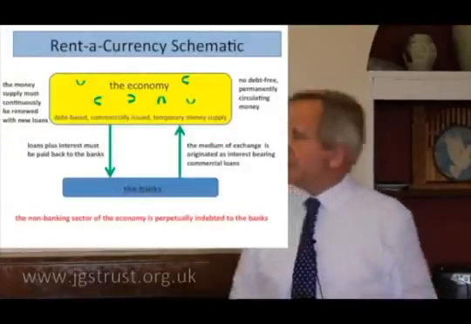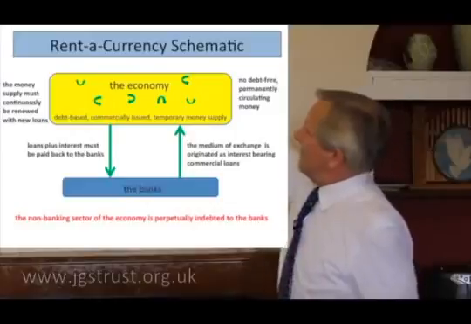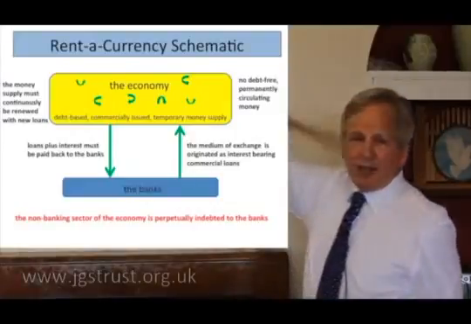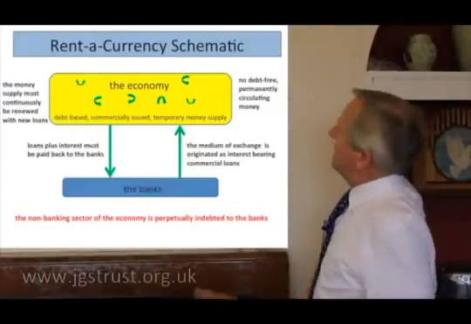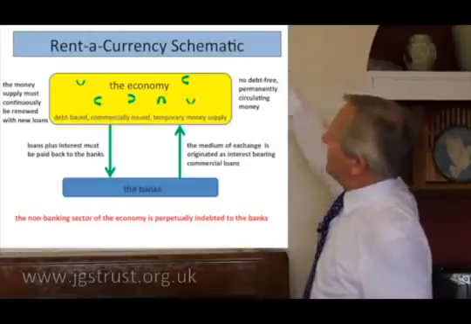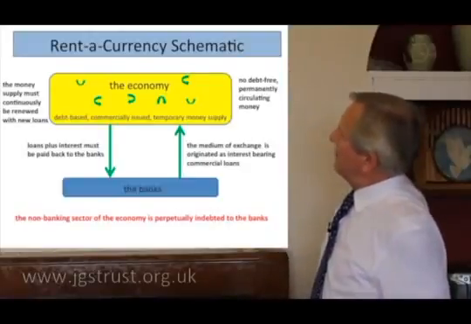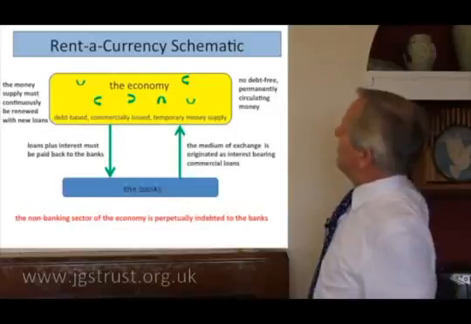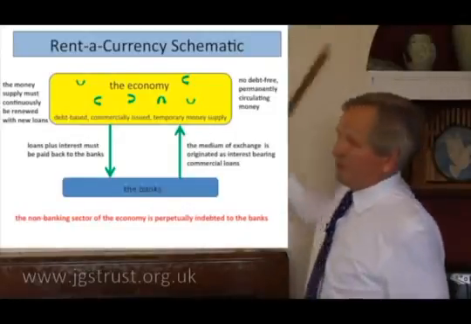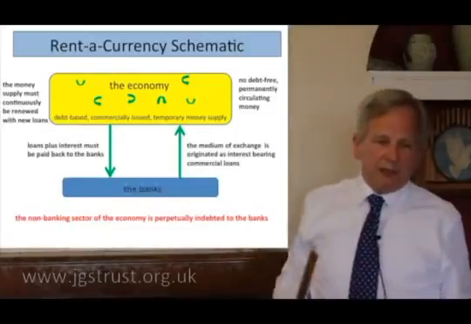So I like the phrase that we have a rent-a-currency system. Let's look at it schematically. Here's us in the economy. These arrows mean the money's going round and round. And what goes round and round up there is digits in banks' computers, and none of it is debt-free and none of it is permanent.